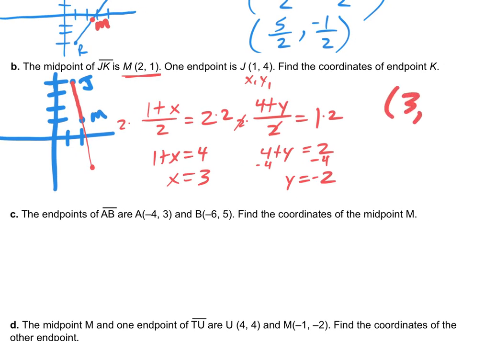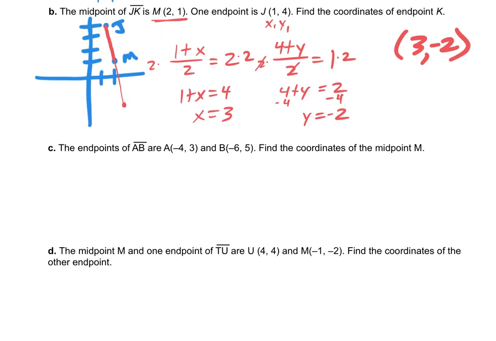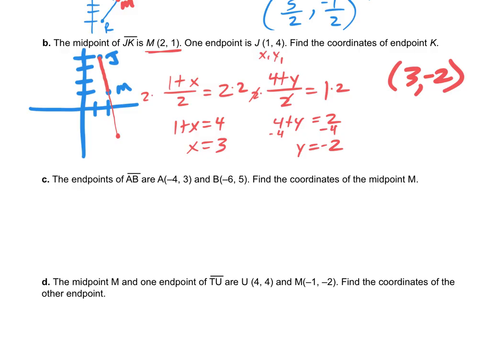So my answer here is 3, negative 2. It's going to be an ordered pair. Remember, we eyeballed about where it would be. If I go over 3 and down 2, doesn't look too bad, right? Looks pretty good. Looks like that should be about where it would be. I was just estimating about where it should be, but if I go over 3, down 2, that should look about right. Okay. I'm going to show you another way to do that one here in just a second. And then you can decide what makes the most sense to you.